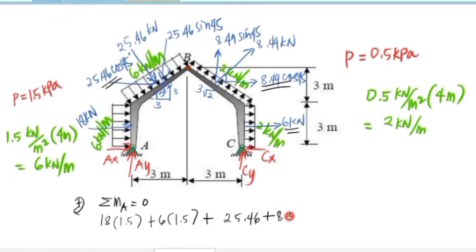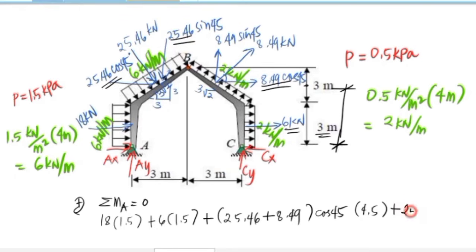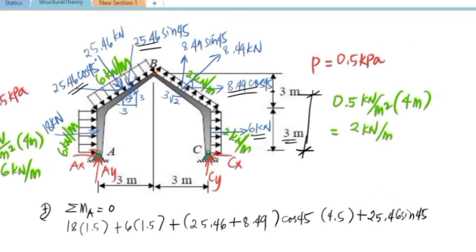That's plus 8.49 multiplied by cosine 45 and the perpendicular distance, which is 3 plus half of 3 meters, so that is ito yung perpendicular distance niya, that is 4.5 meters, plus this component 25.46 sine of 45 multiplied with the perpendicular distance.